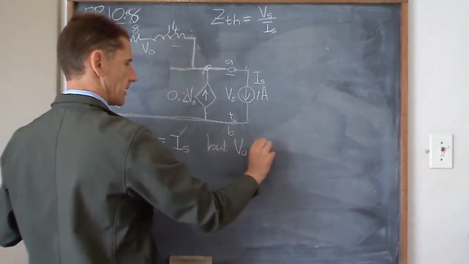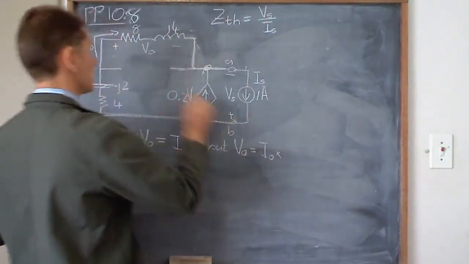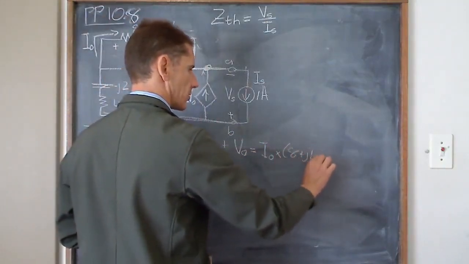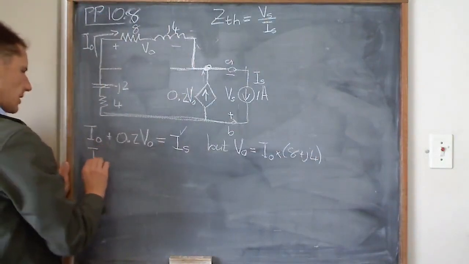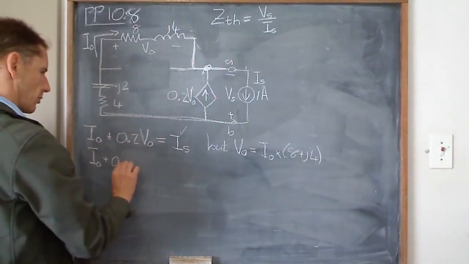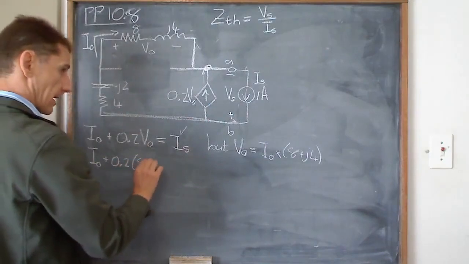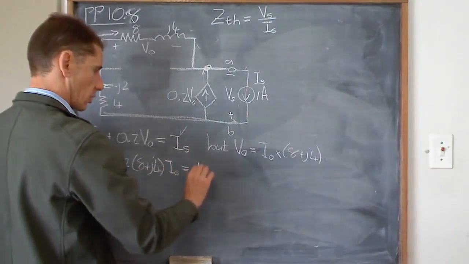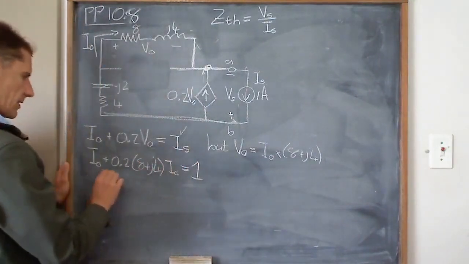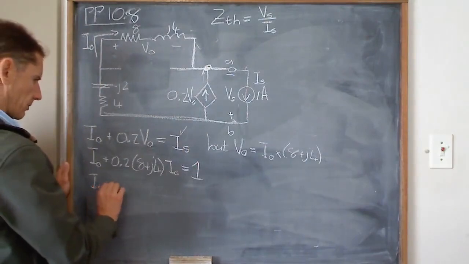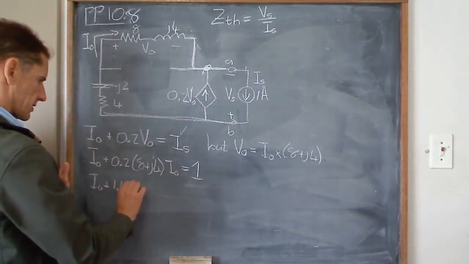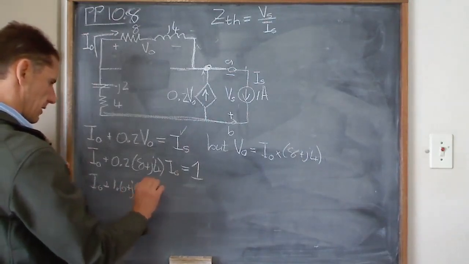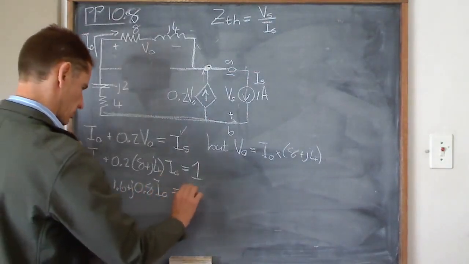V out is simply I out times 8 plus j4. In other words, I out plus 0.2 times (8 plus j4) I out must equal 1. If we multiply this out, I out plus 1.6 plus 0.8 j, I out equals 1.